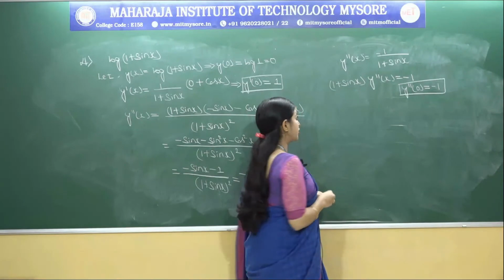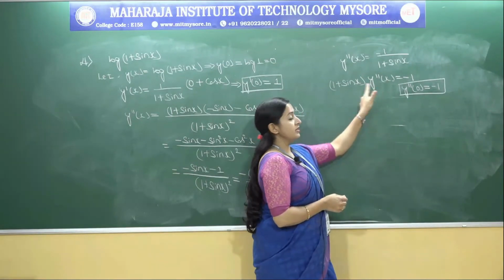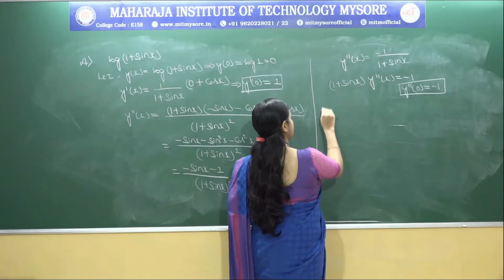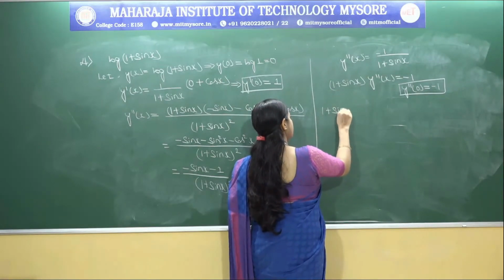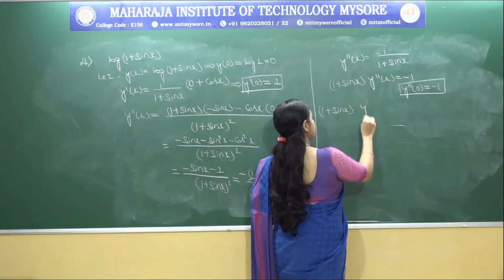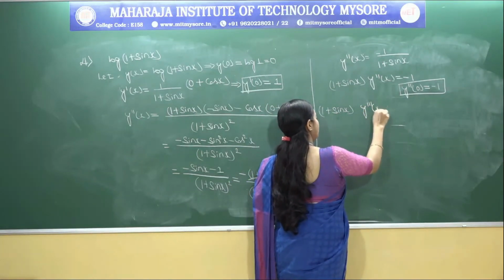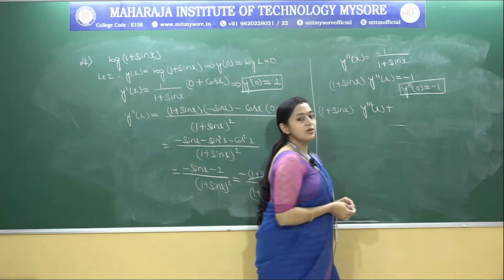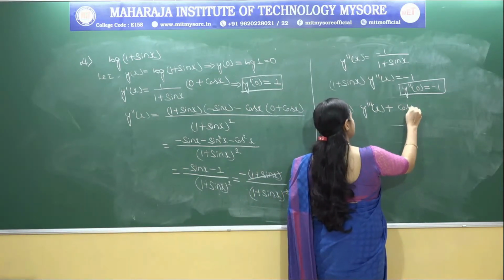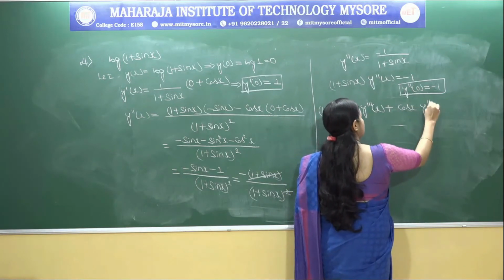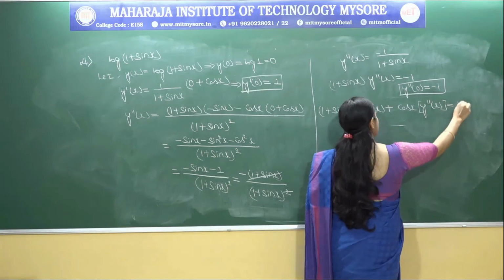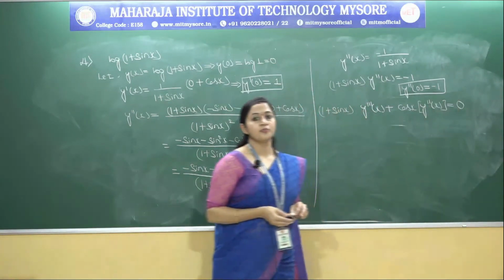Then take the next differentiation. These two are different functions, so I take the product rule. First term 1 plus sin x, y double dash of x differentiation, third derivative of x, plus 1 plus sin x, the differentiation is cos x. Keep the second derivative of x as it is, minus 1 differentiation 0.